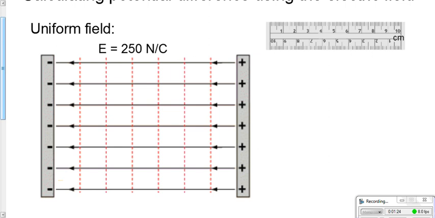What I'm going to try to do is describe the potential difference between any two spots within that field. So maybe here in green I'll mark a starting point, and then I end up somewhere over here at that point. I want to know the difference in the potential between those two locations.